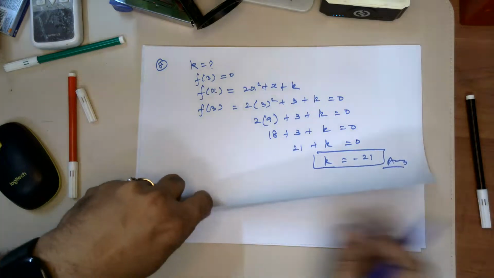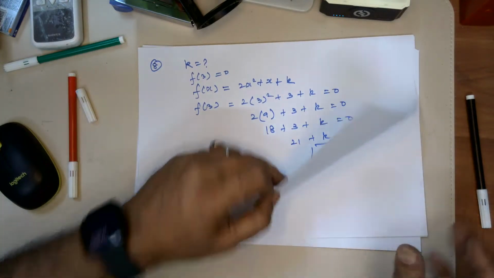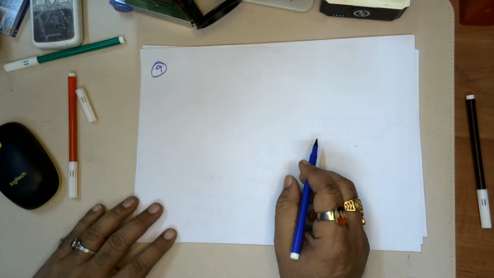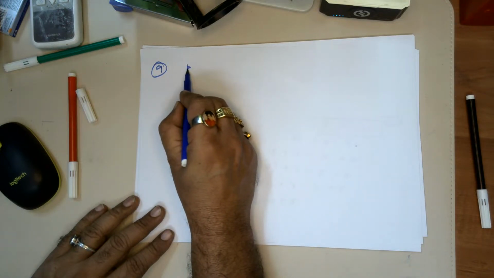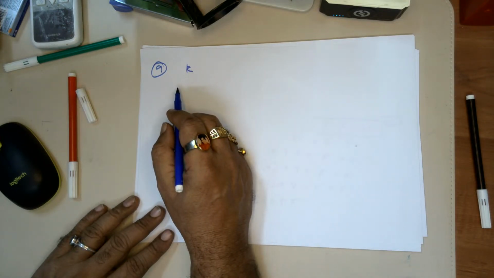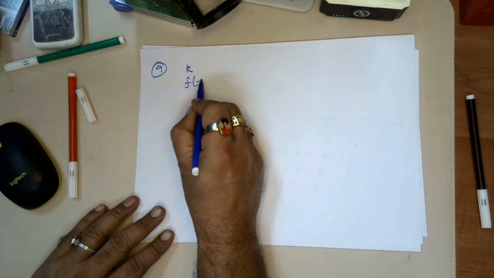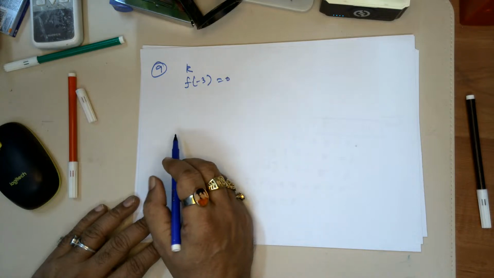Next sum. For what value of k is minus 3 a zero of the polynomial?